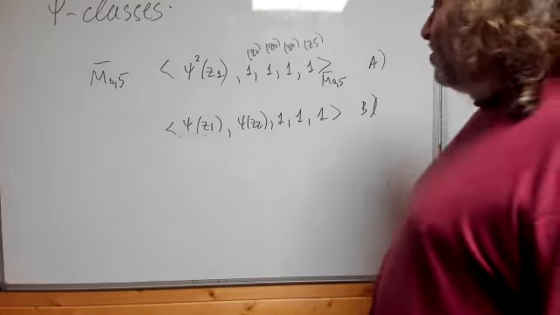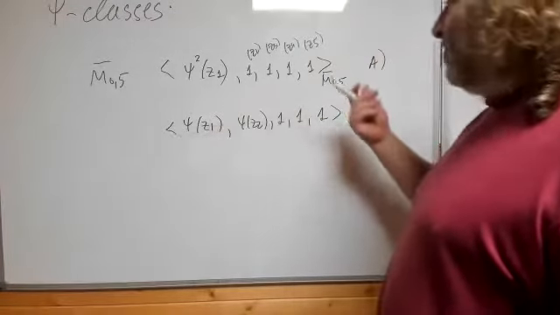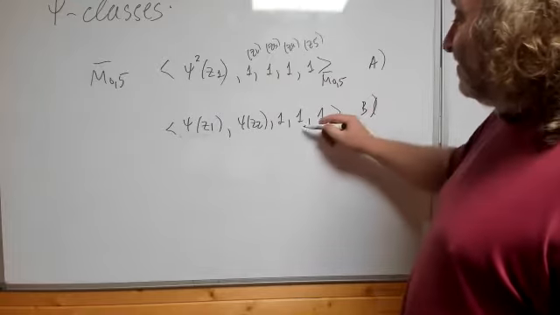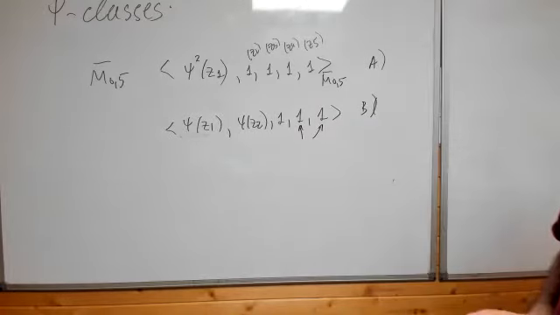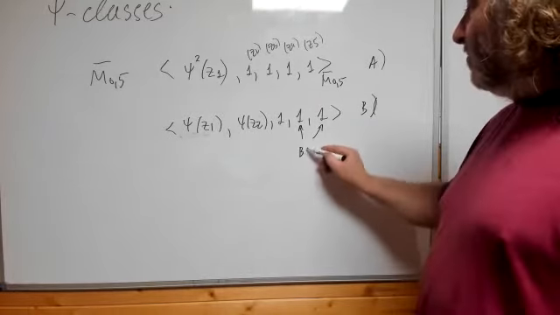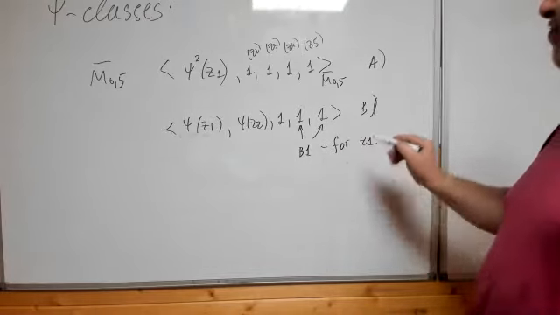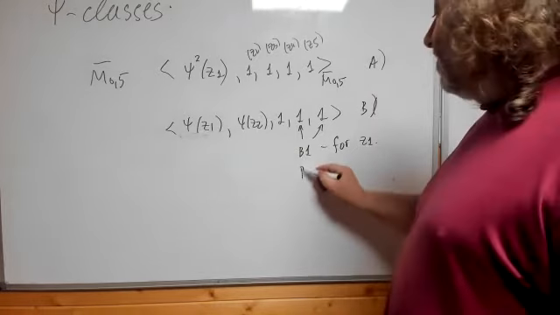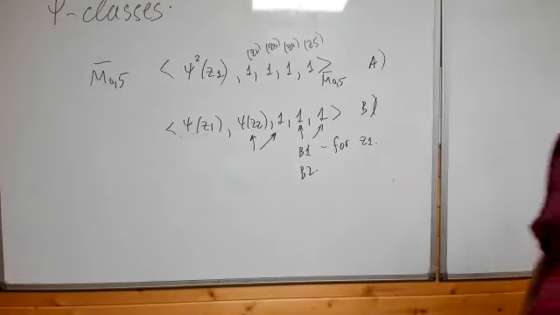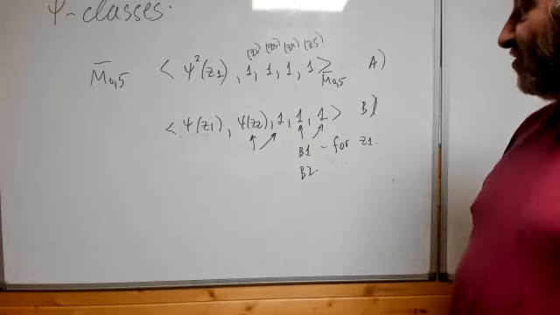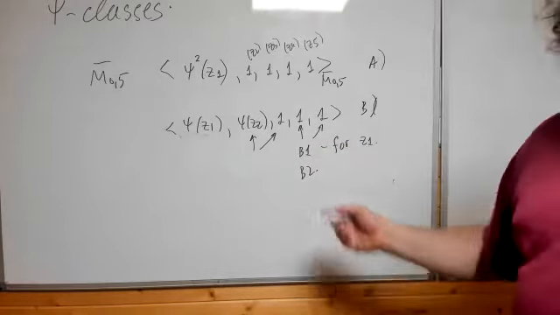So there are 2 cases. First case is, remember, we had to pick up 2 points. One approach is to pick up these 2 points. Let us call it B1, for point Z1. Or we can pick up these 2 points. So let us first do case B1 and then compare it with B2.